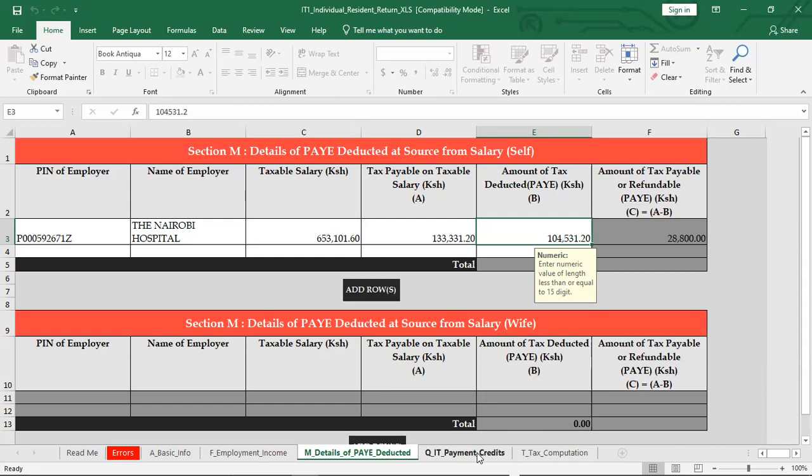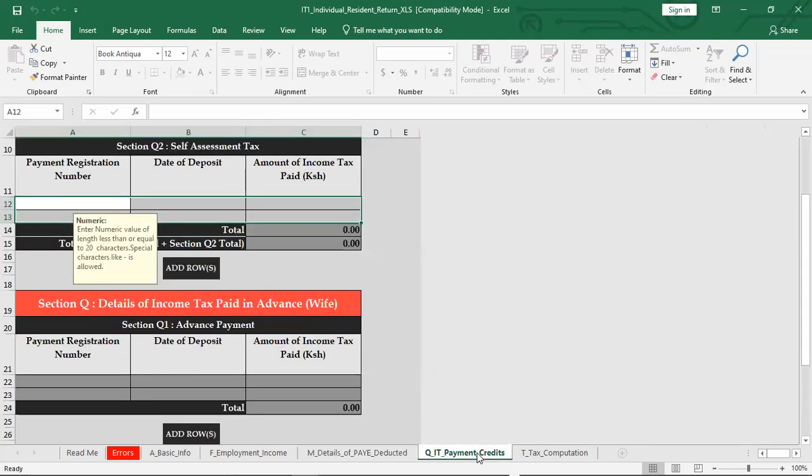We have Q, that is IT payment credits. You can see there. That is section Q2, self-assessment tax. Are we together mpaka hapo? Yes. Okay. Now, at this point, there are some people who have business and who have employment income.